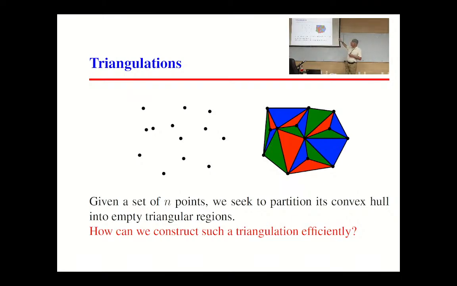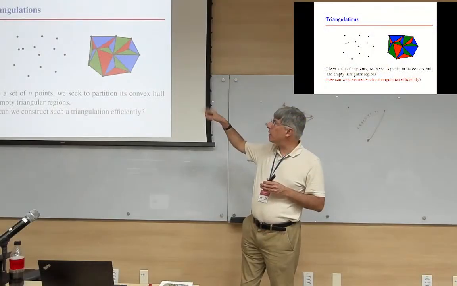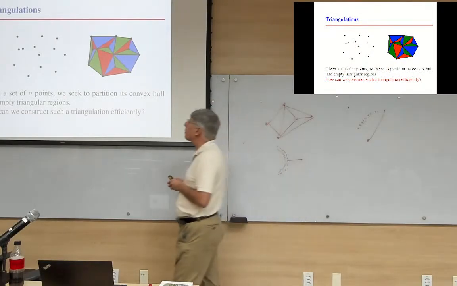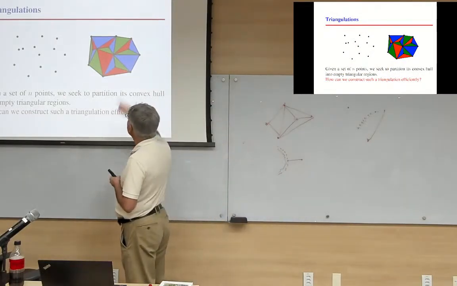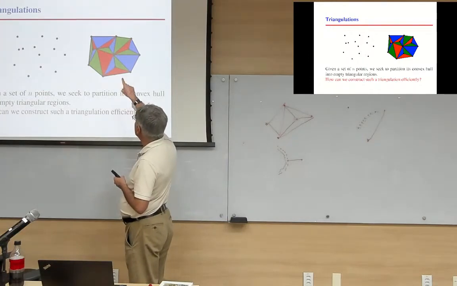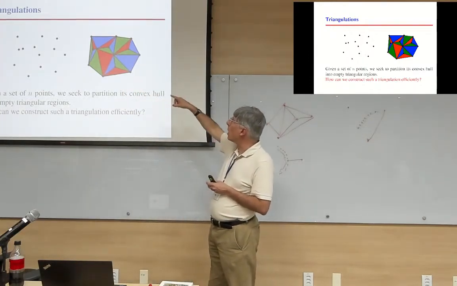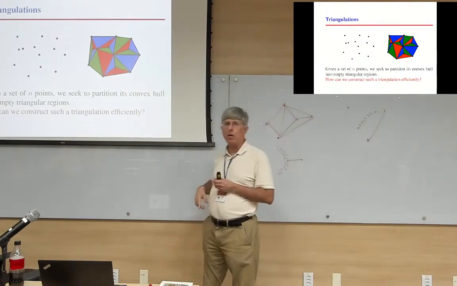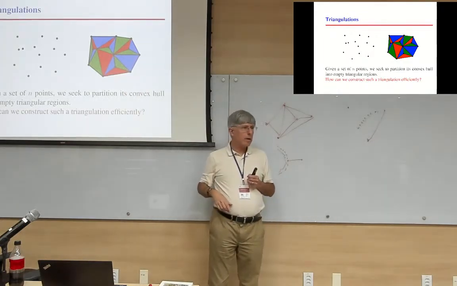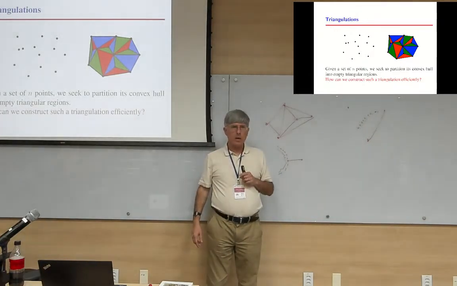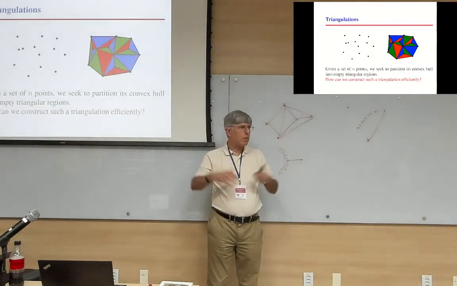A triangulation of a set of points is where you take the convex hull and connect the internal and hull points together in such a way that every face is a triangle. This is a very useful operation, to take space and break it into triangles.